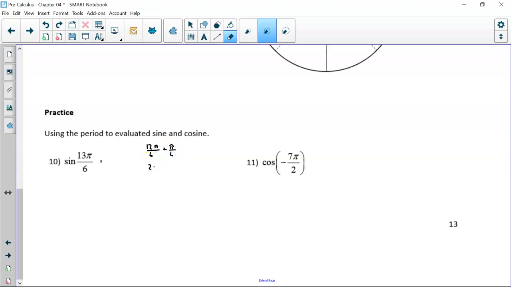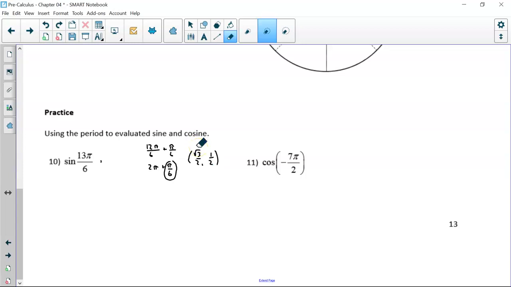That's 2 pi plus pi over 6. So really all we care about is the pi over 6. Now we know that whenever we have a pi over 6, we're going to be at root 3 over 2, 1/2. We're in quadrant 1, so they're both going to be positive.